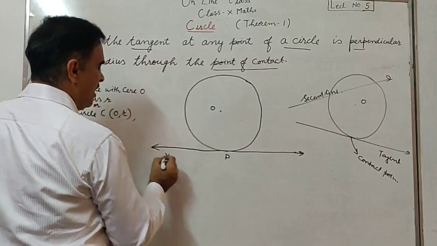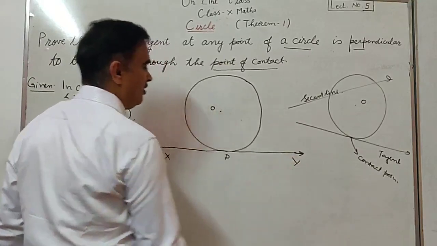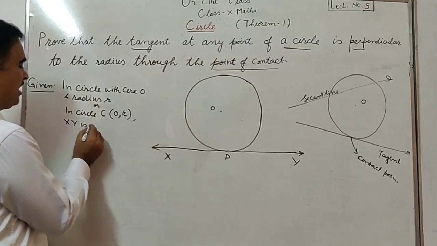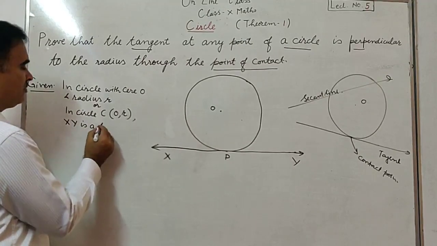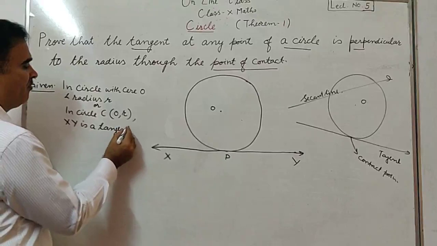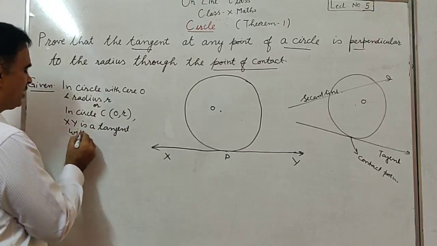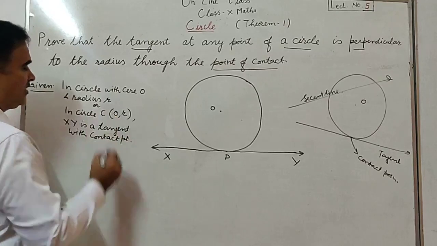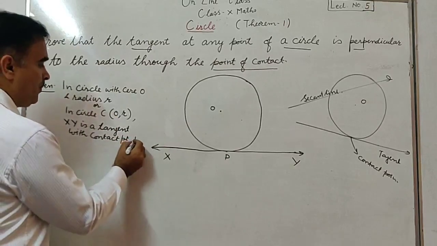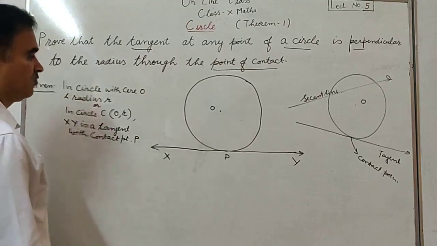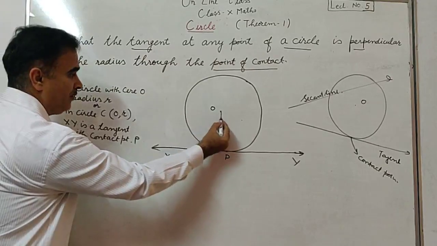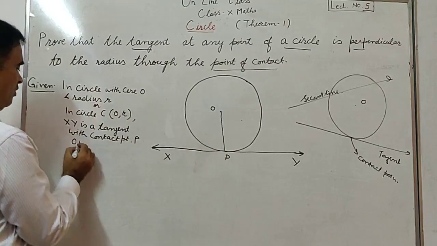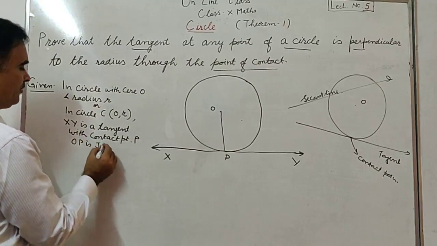We have taken X and Y. XY is a tangent with the contact point P. OP is joined. We have joined OP.